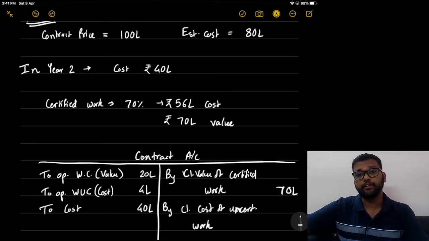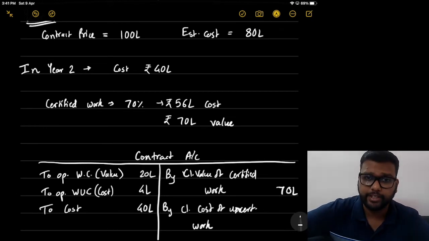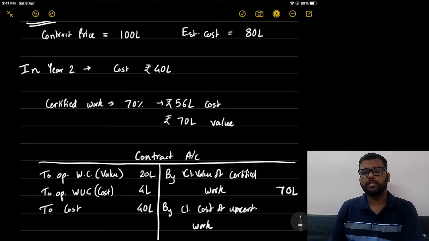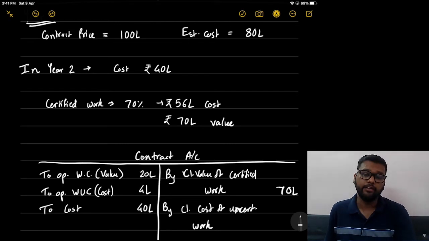You have to think very carefully. You have to consider last year data also maybe. So, how much cost is uncertified at the end?